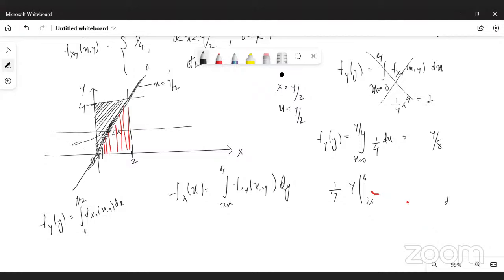This is going to be y by 2, for some x. And what is this point? X is 2. So the lower limit should not be 0. It should be y by 2, and the upper limit should be 2.